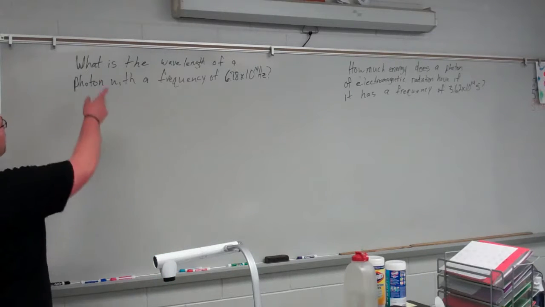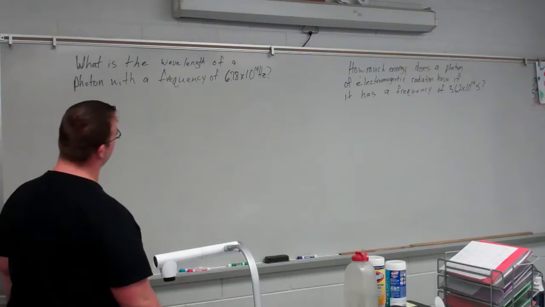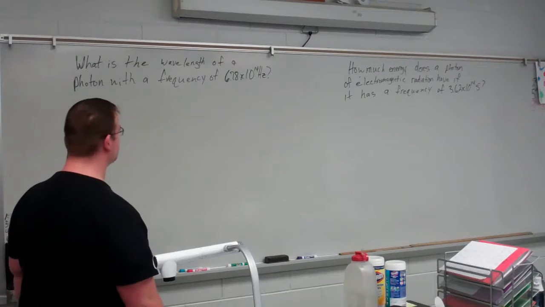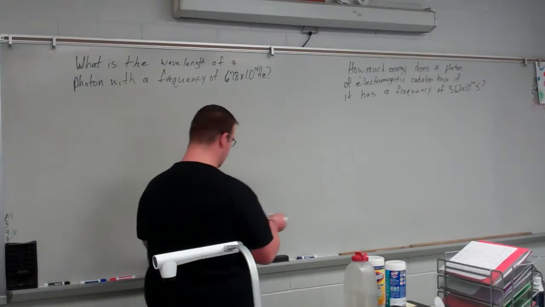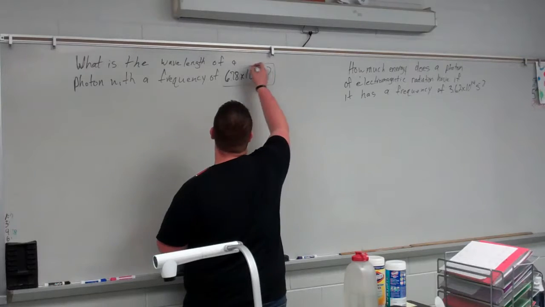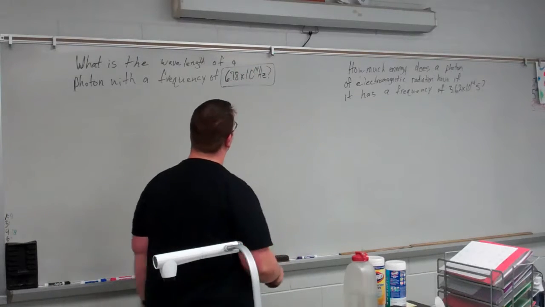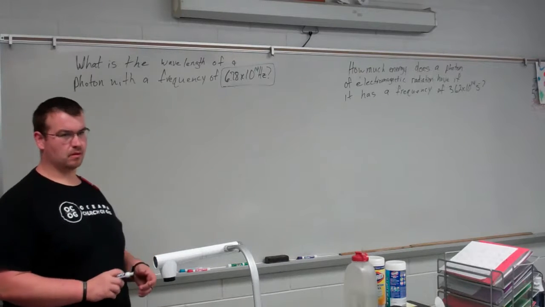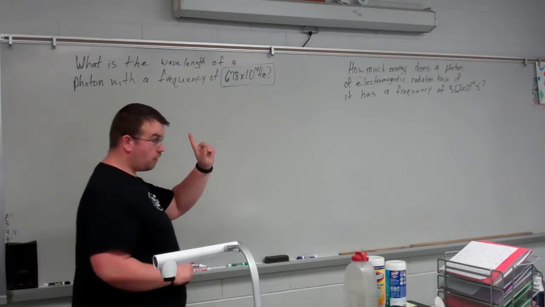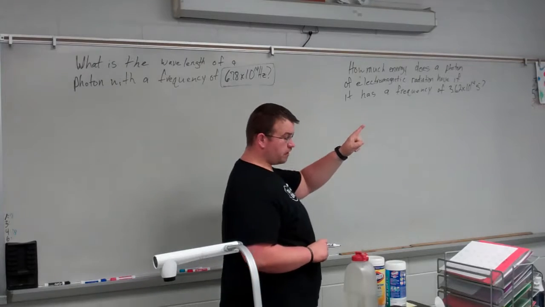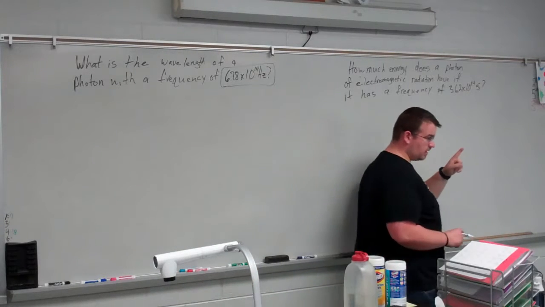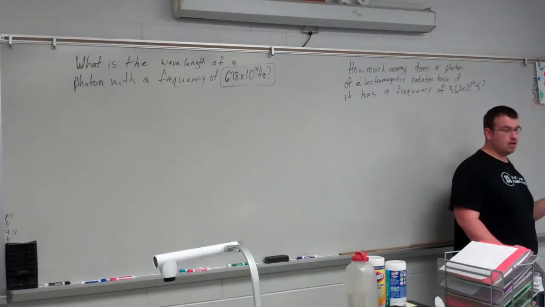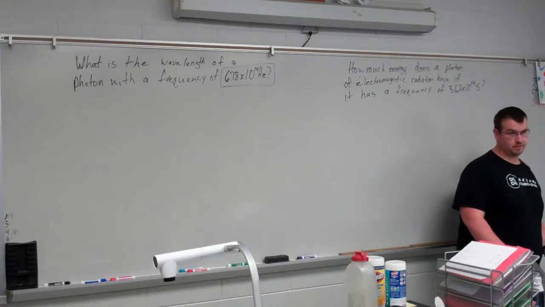So in this, what is the wavelength of a photon with a frequency of 6.78 times 10 to the 14? This is the key. Look where I'm starting you. Starting you with the frequency. It's a dead giveaway for you. You're going to either be starting with frequency, asked to find frequency, or you're going to have to go through frequency.